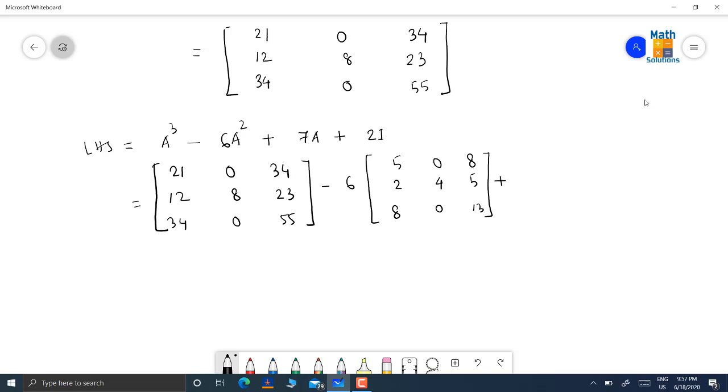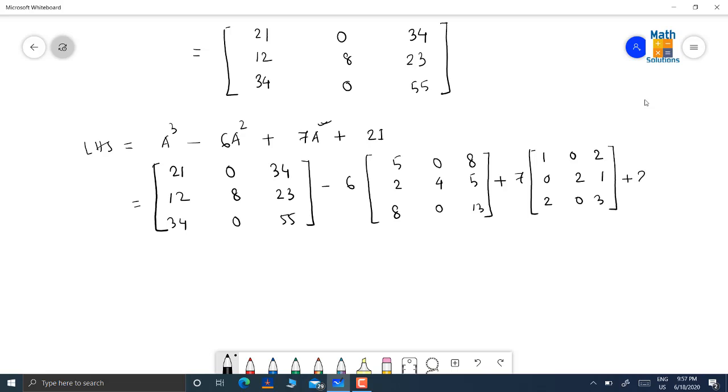After that plus 7. Here in place of A I shall be putting the value which is given to us for A: 1, 0, 2, then 0, 2, 1, then 2, 0, 3.